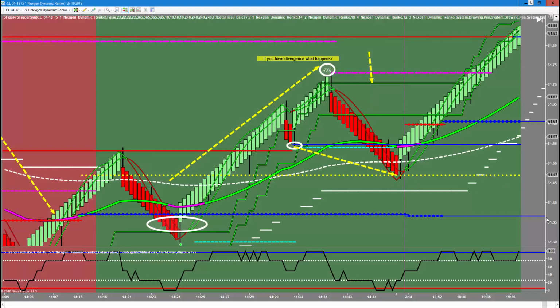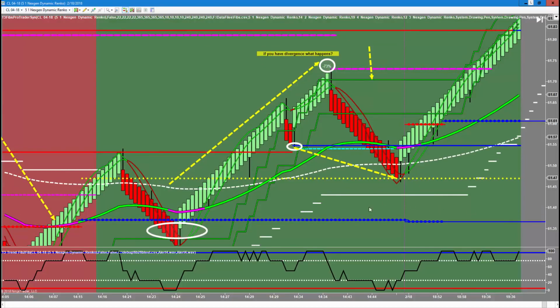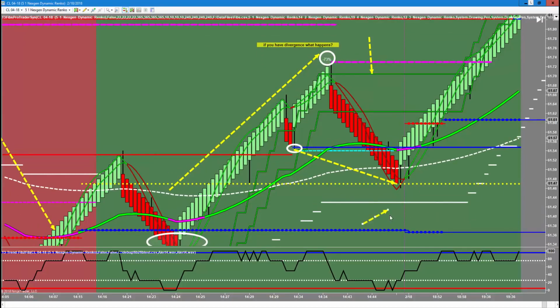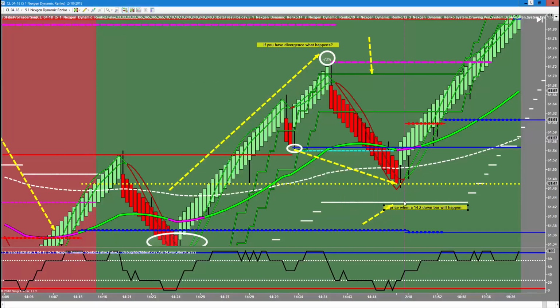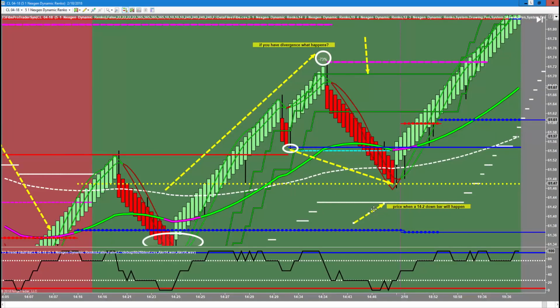So one of the things that we do is we plot this little white marker. This little reversal bar marker, if you will, is the price at which a 14-2 chart will start making down bars. So when we add the rules and the read of our indicators together, we have a negative divergence.